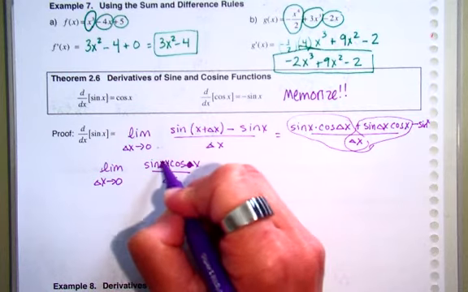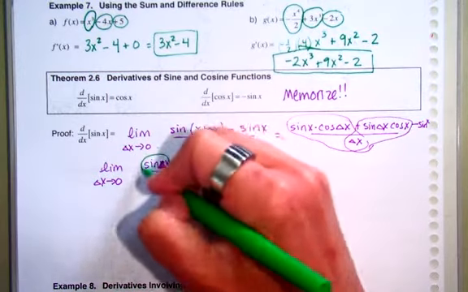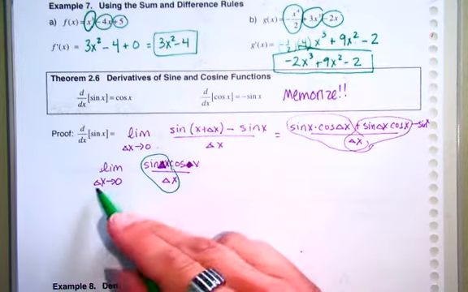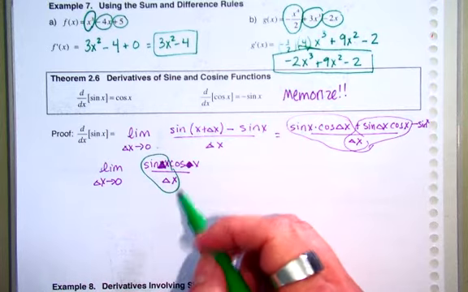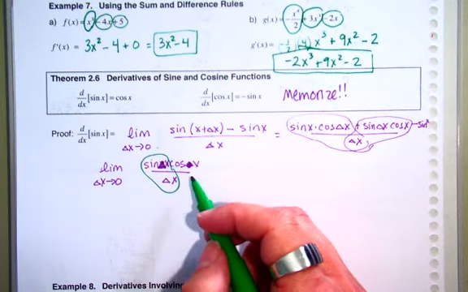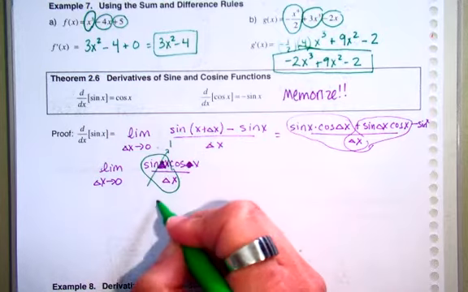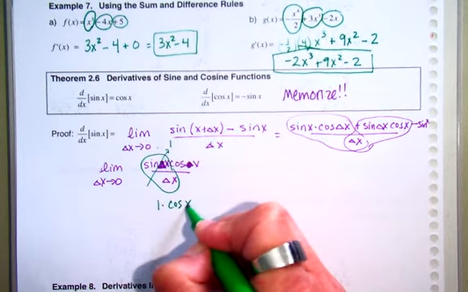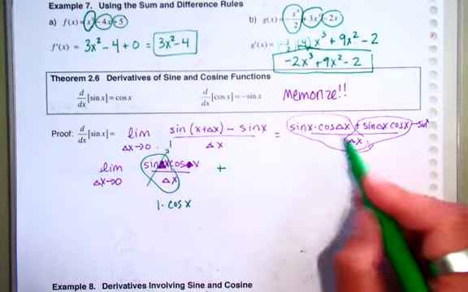Why do I want that middle part? Because I know that sine of delta x over delta x, as delta x approaches 0, I can separate that one out, and that just gives me 1. So I've got 1 times cosine of x for this part.